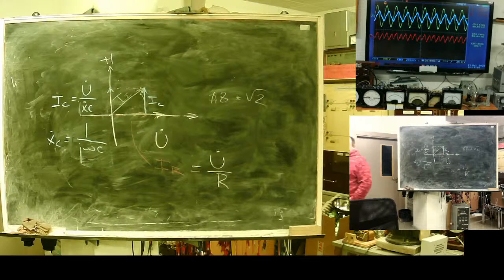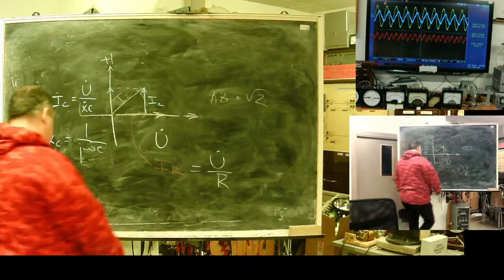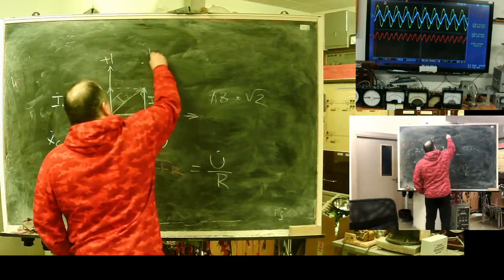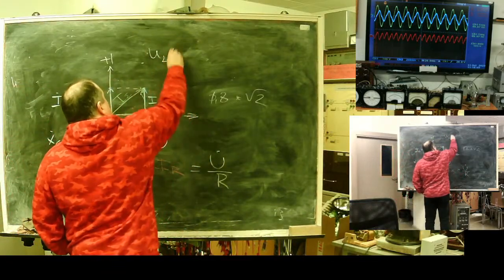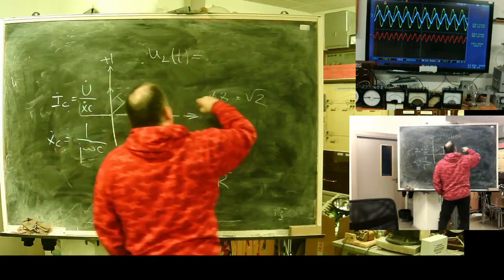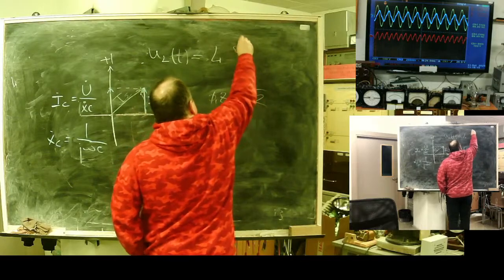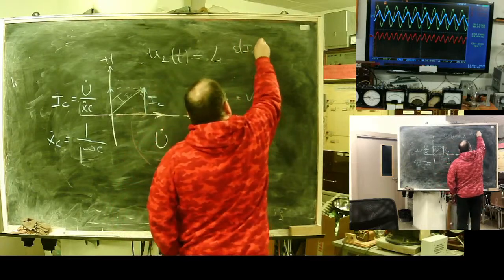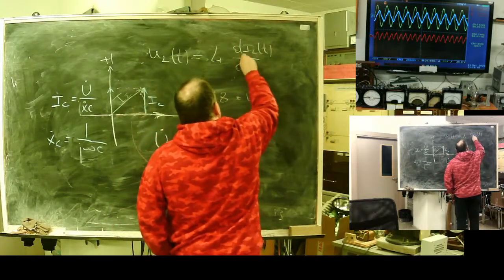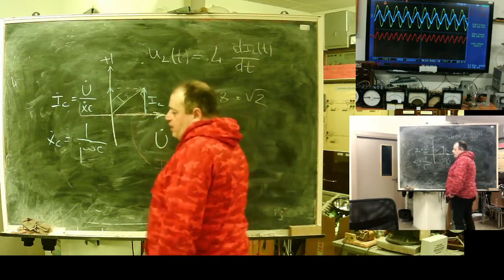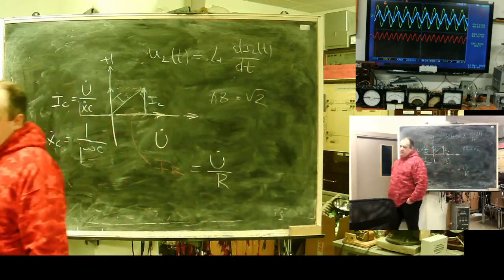Here is the coil current. What do we see? Voltage, coil current. Not ideal. This is what coil's voltage as a function is: inductance multiplied by derivative of the current.